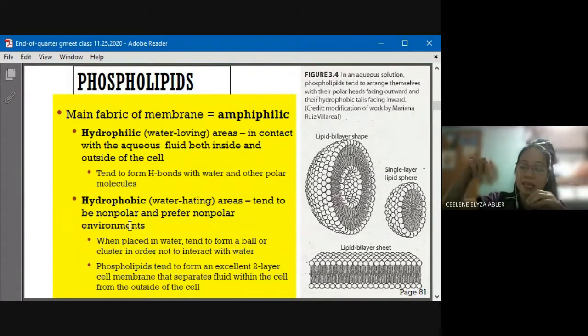Halimbawa, maglagay ka na, di ba may part dyan na maglagay ka ng second na droplet of oil and you are to move it around and towards another yung oil mo na droplet. So you will notice that way they will cluster together. They will group together but they do not mix with water.